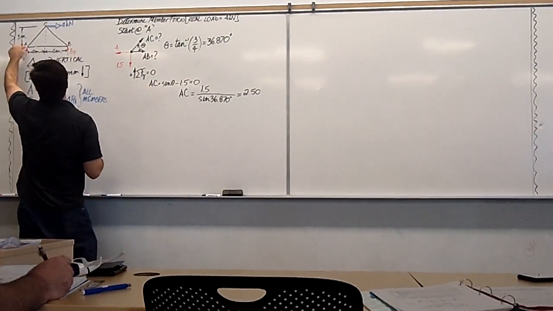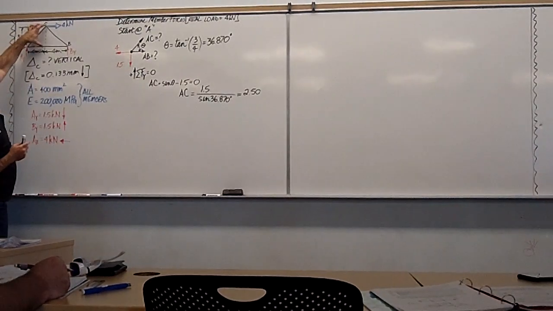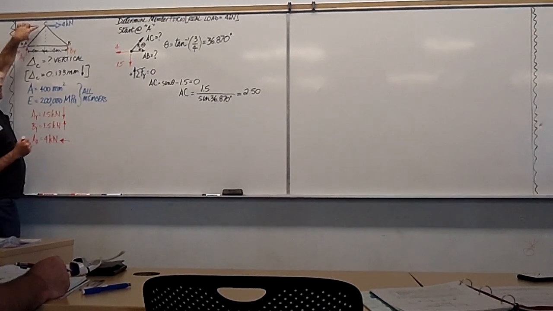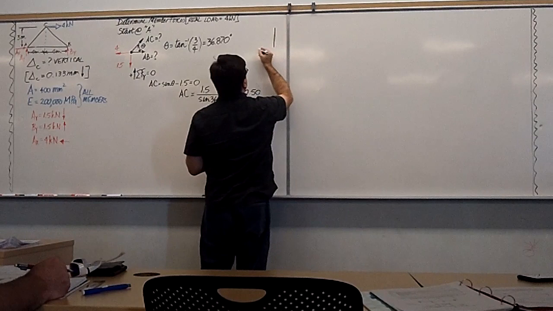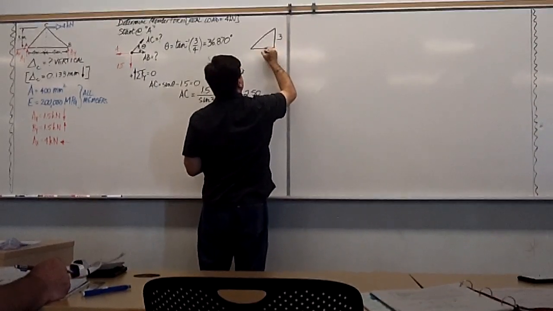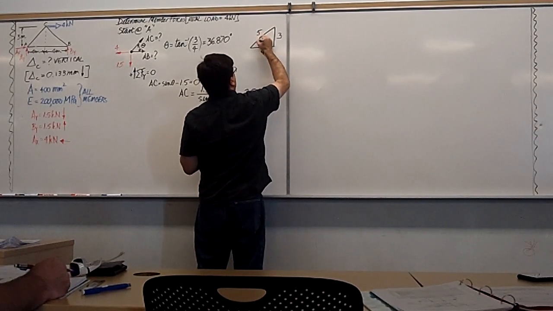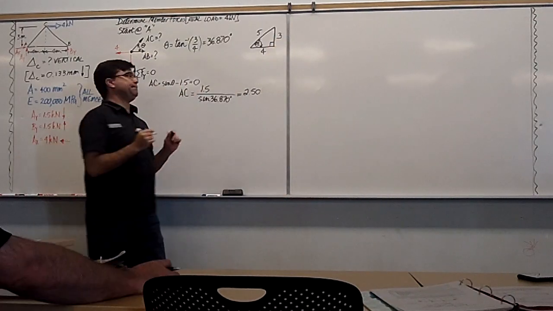Notice this triangle. This is a 3, 4, 5 triangle, right? So I'm just going to sketch this here. And this is the angle we're looking for. This is 90 degrees, right? Okay.